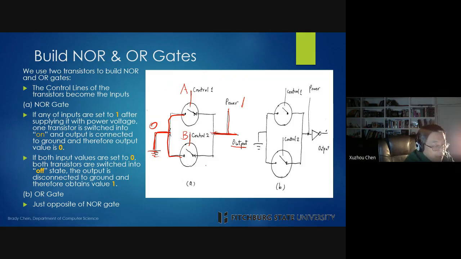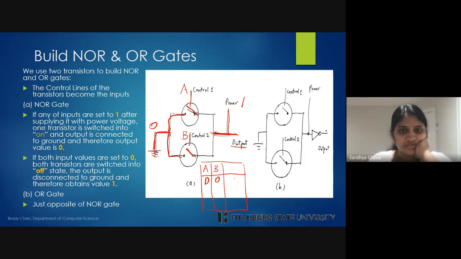So if you have a table with A and B, and both A and B are 0, that means both are disconnected, so the output is disconnected from the ground.